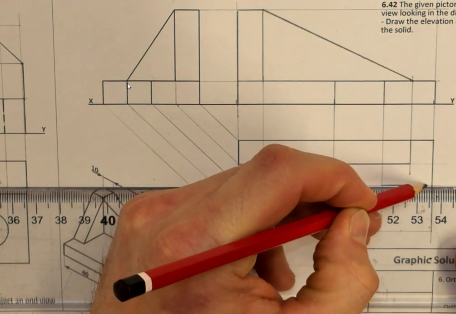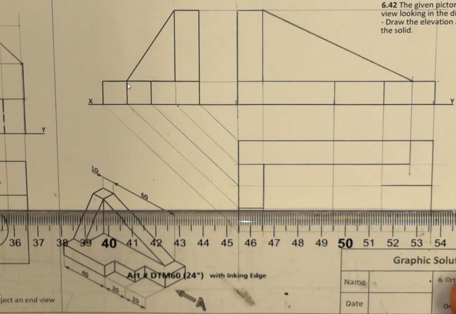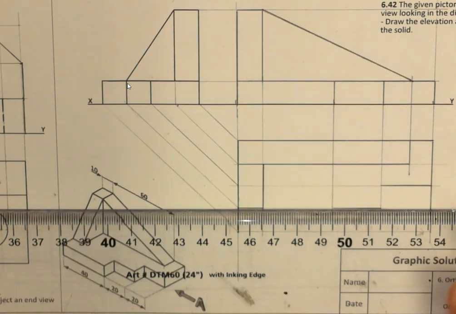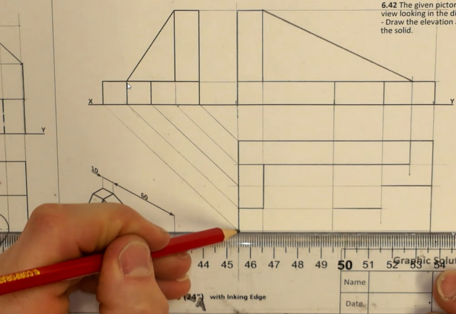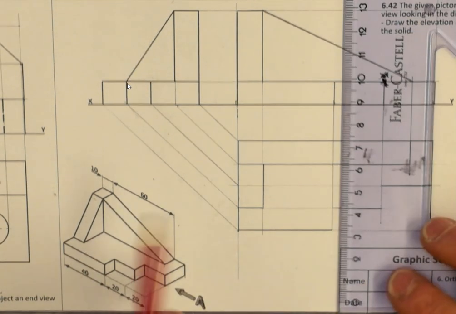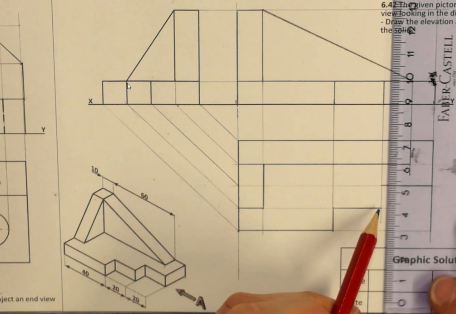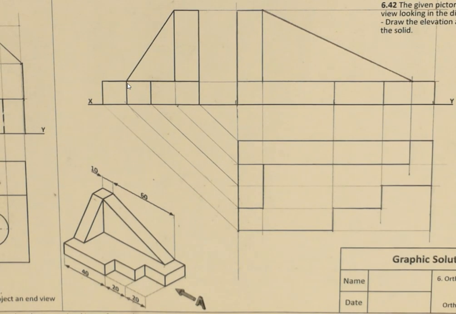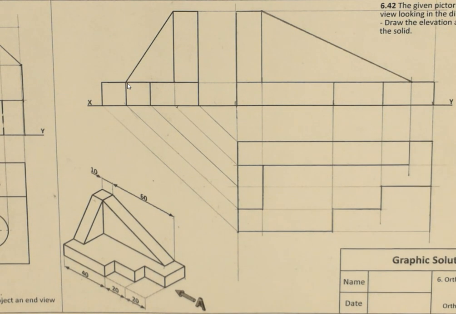We'll draw our horizontal line here, and then our last one, and then we'll finish off with our verticals. And that's it completed.